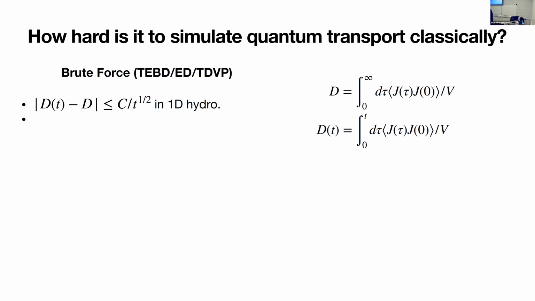So one generic prediction of hydrodynamics in many-body systems is that you can estimate transport coefficients by looking at finite time behavior. Supposing I want to know what the diffusion constant is, and I'll call that D, there's a quantity called D of t that you can calculate using information from finite time correlations, which approaches D at late times.